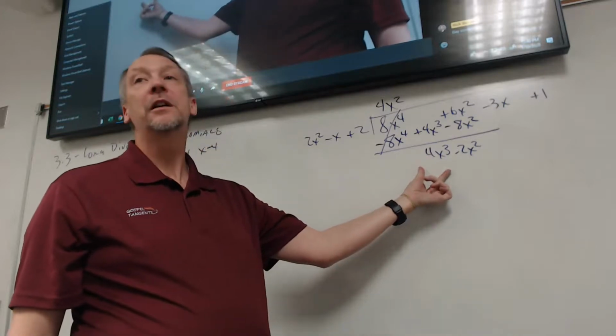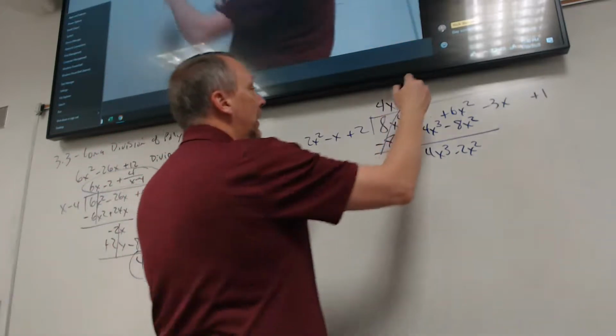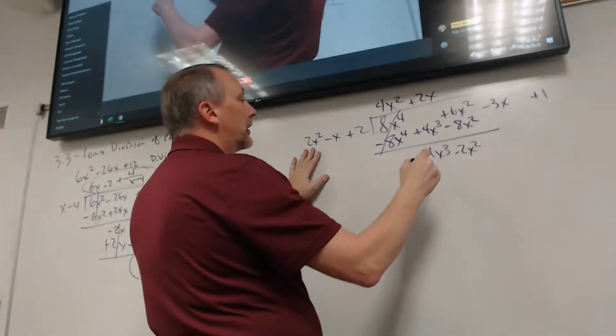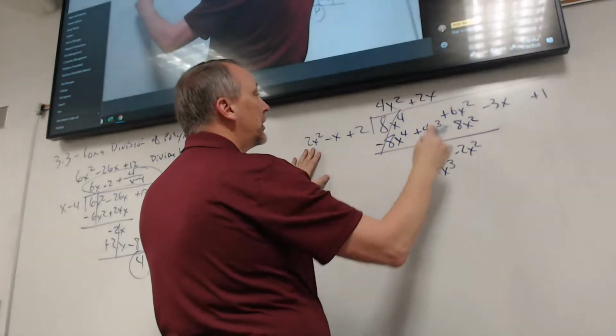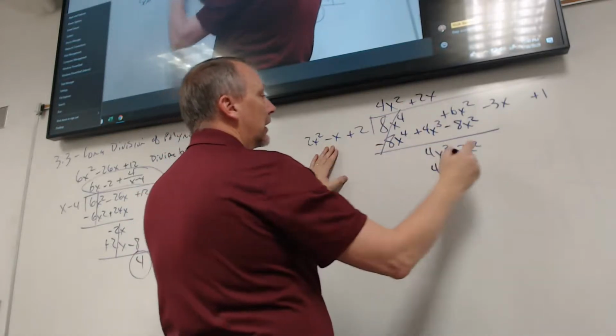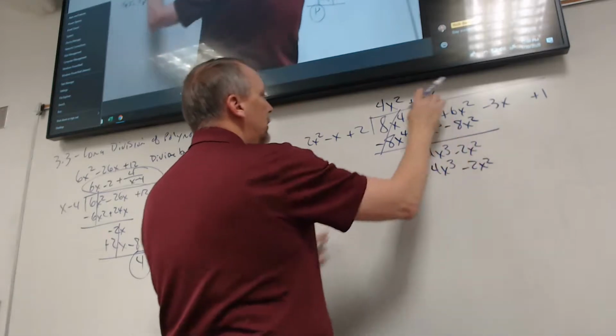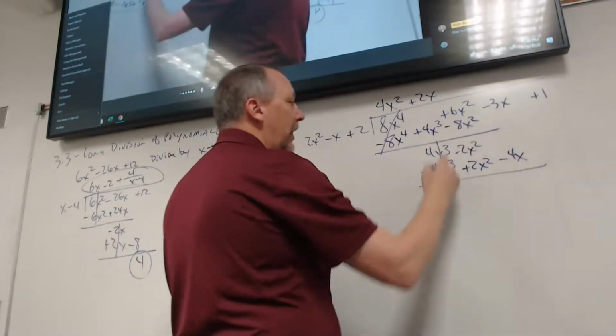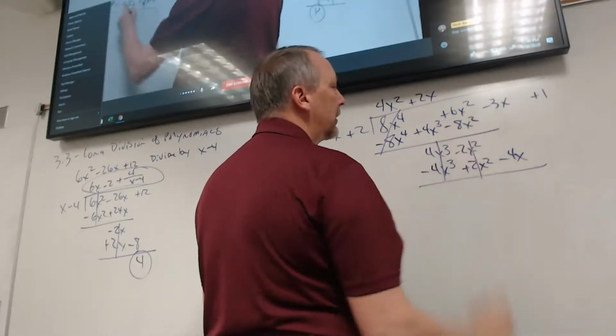Yes, how many times? 2x. So 2x times 2x squared is 4x cubed. 2x times negative x is negative 2x squared. 2x times 2 is 4x. Now that's going to go away. That's going to go away.